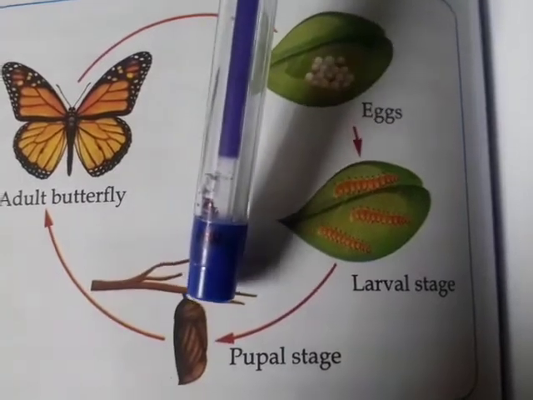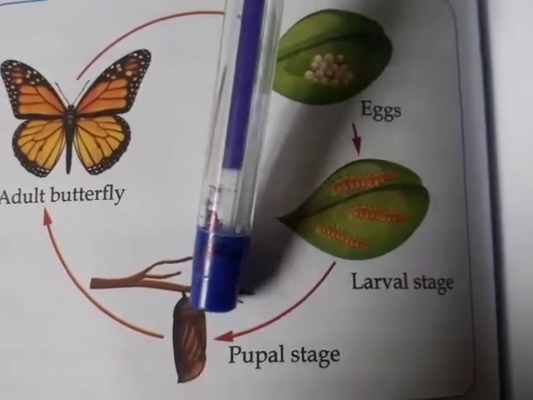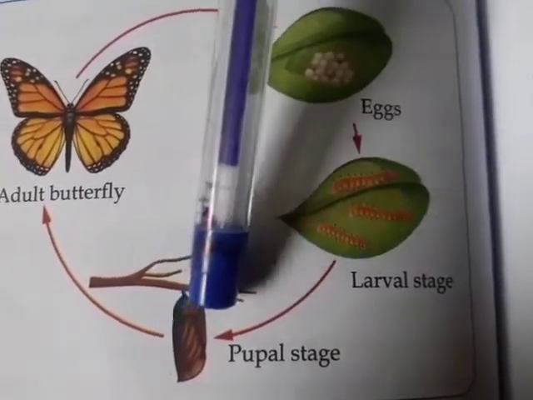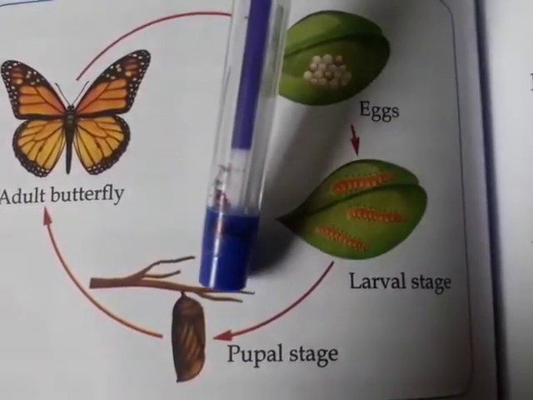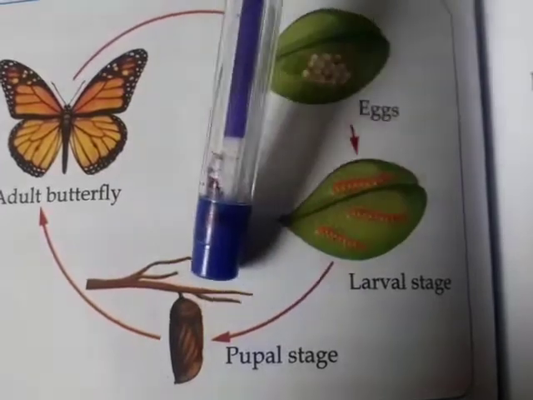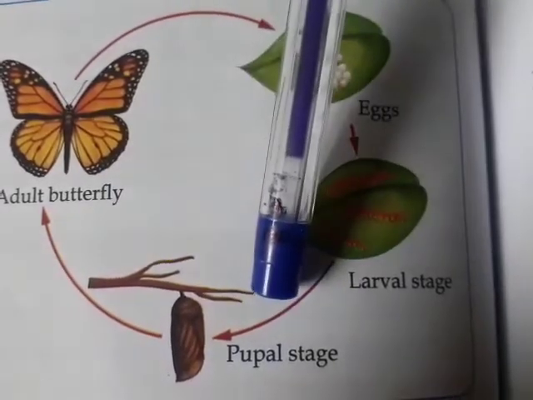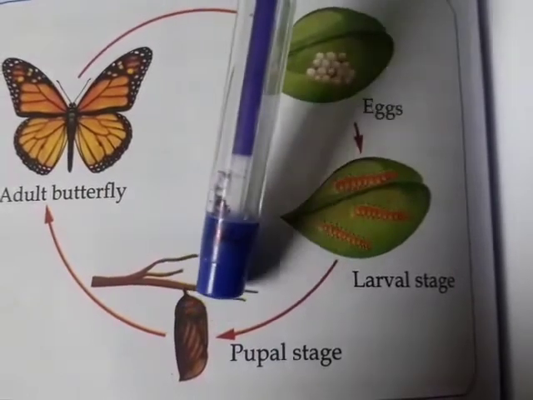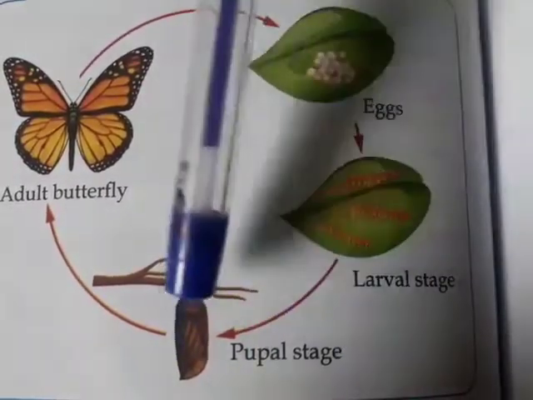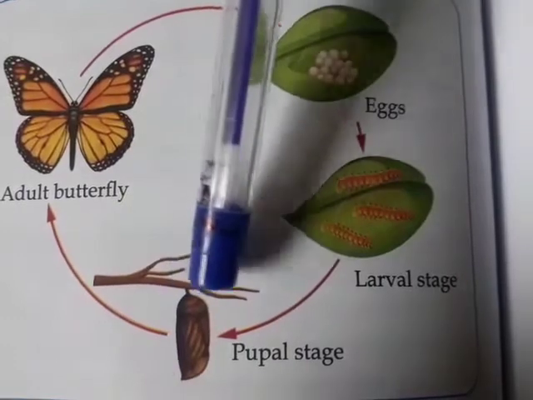And then, after that, the larva starts growing inside. It goes through many stages, and this process is known as the pupa stage. Once inside the cocoon, the larva changes into a small butterfly.